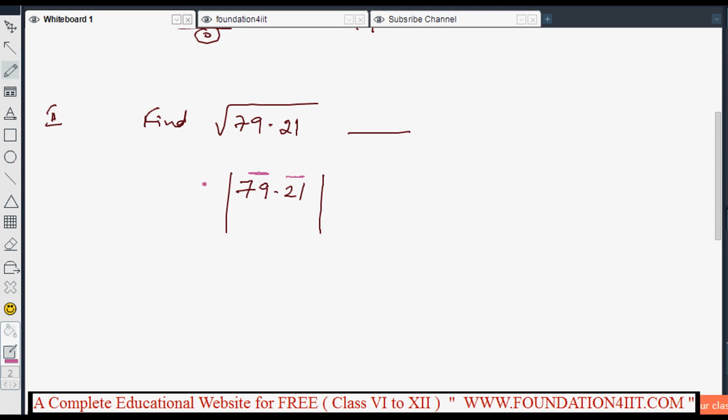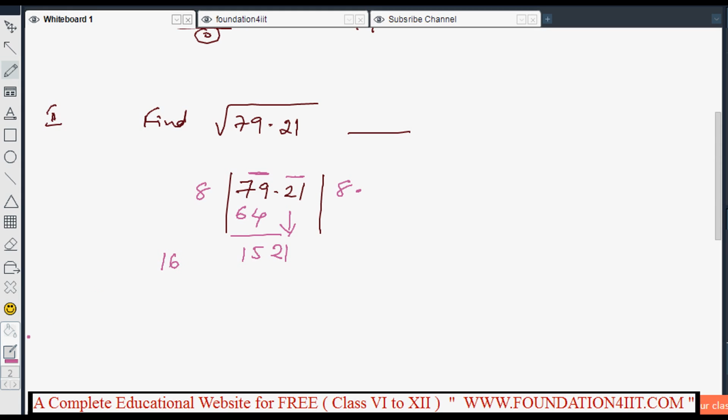Okay, in the 8 table, because 9 nines are 81, which will be more than 79. Subtract, you get 15. Now I'm taking 21 down. The 21 is soon after the point, so you also keep the point here. Now 8 becomes 16.